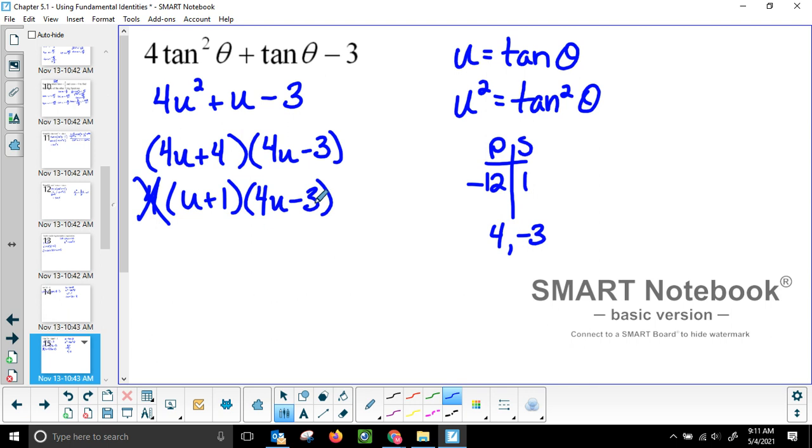So this is my factorization. Of course, my u is tan theta, so this is tan theta plus 1 and 4 tan theta minus 3. And of course, you can always check yourself by distributing these out and combining like terms. If you don't get back where you started, then obviously you did it incorrectly.